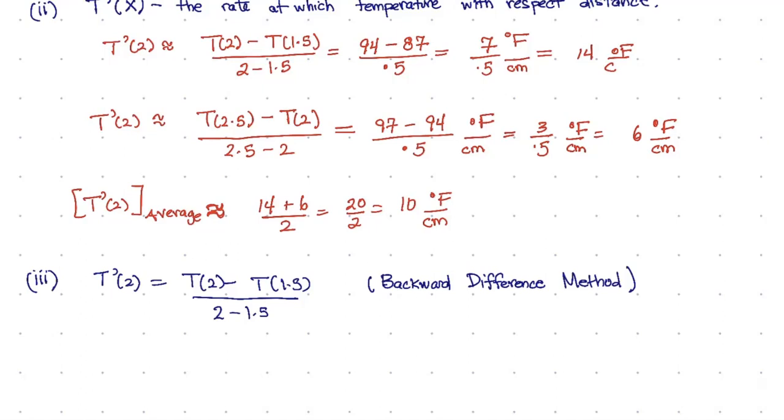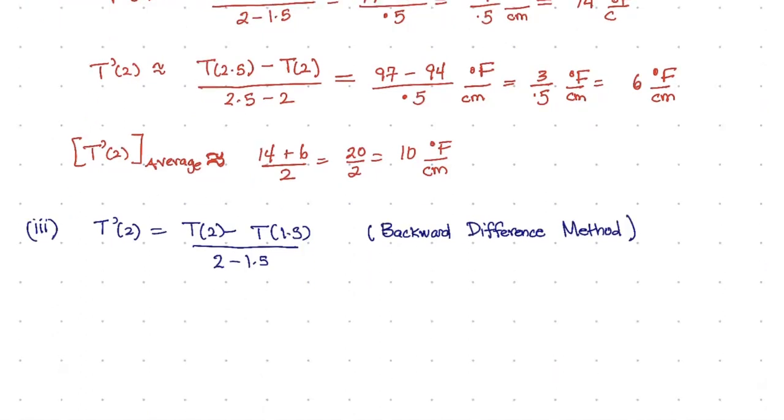However, since both ends are cooler than the middle, then the other method, T prime of 2 approximately equal to T of 2.5 minus T of 2 all over 2.5 minus 2, is called a forward difference method.